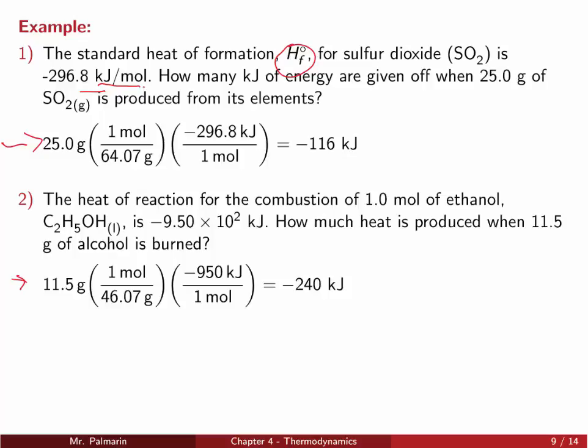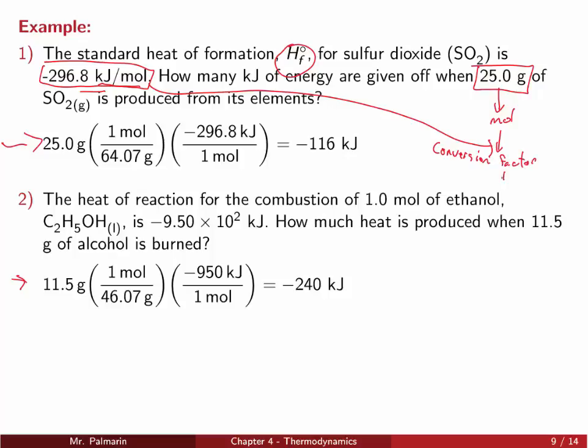So, if you get this much heat per mole, the question is how much heat would you get per 25 grams? So the goal here is to convert this to moles and then use that conversion factor to go to kilojoules. That's basically it.